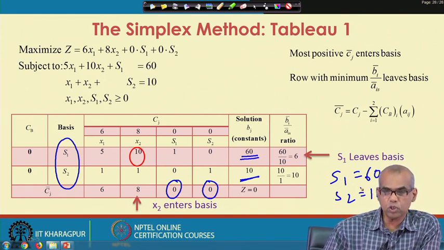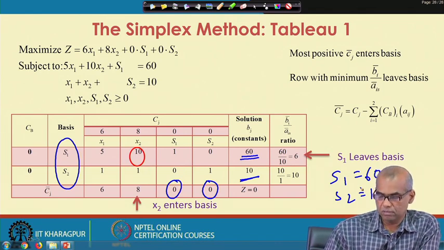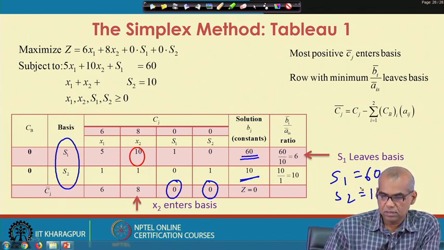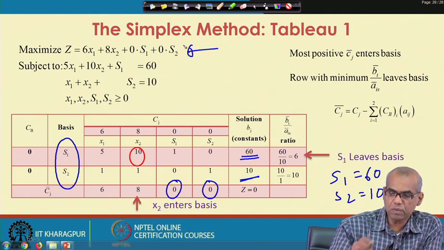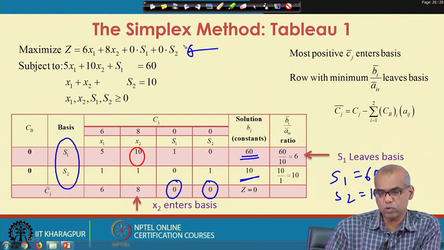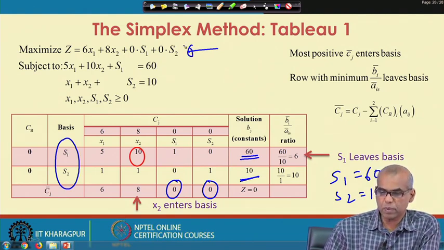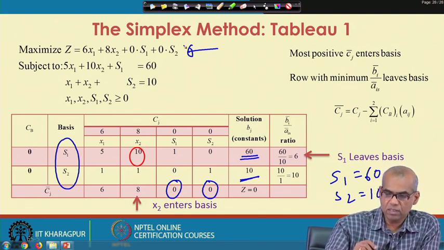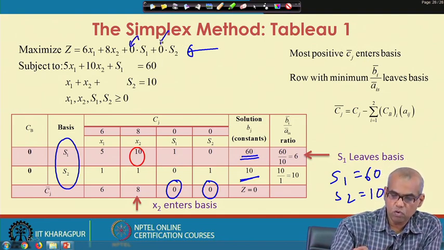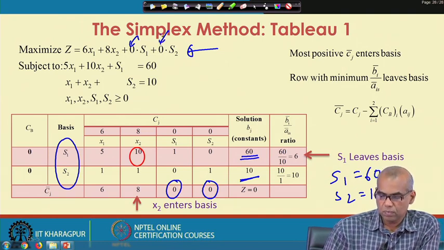This is the solution corresponding to this table. So, z becomes 0, because x1 equal to 0, x2 equal to 0. So, irrespective of the value of S1 equal to 60 and S2 equal to 10, since their coefficients are 0, we have z equal to 0.